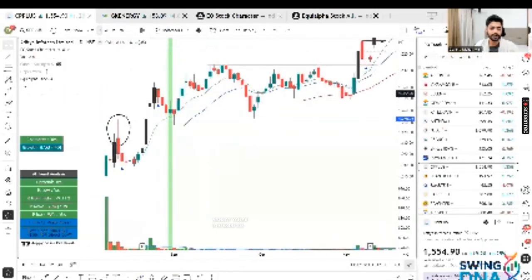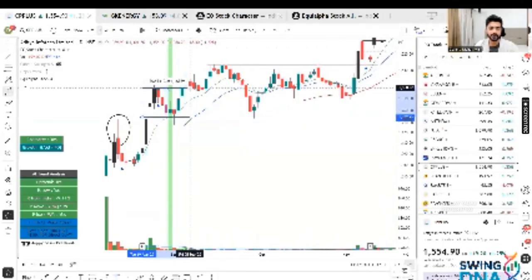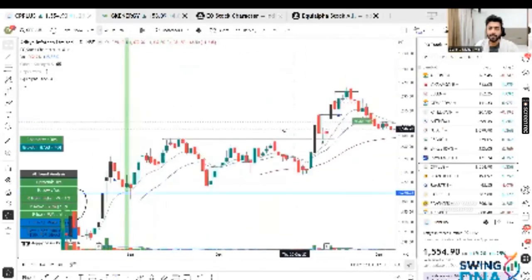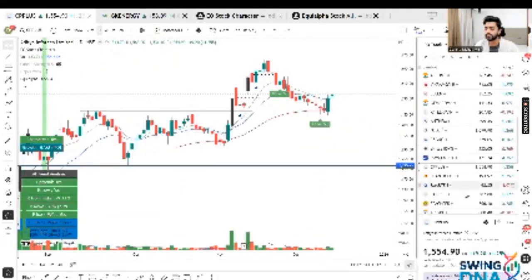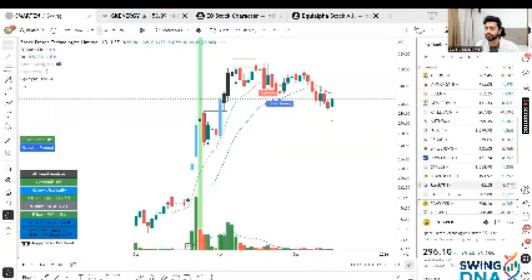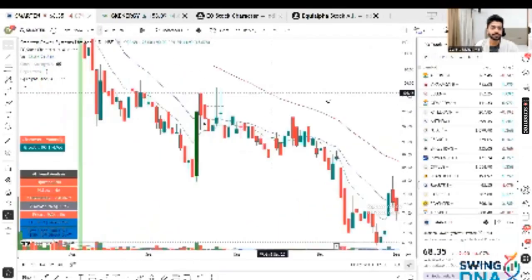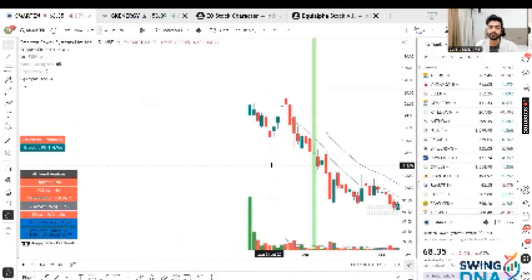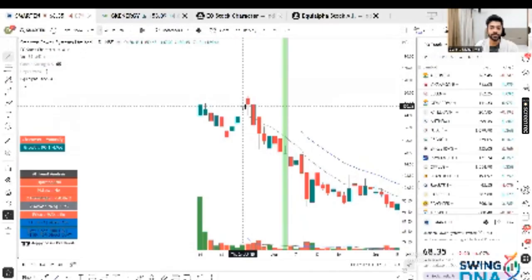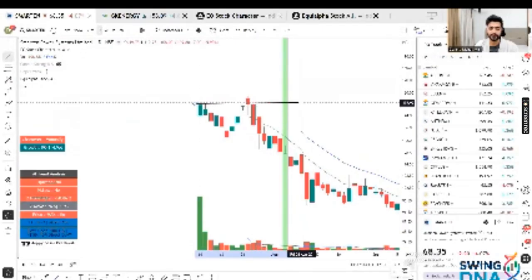It tried to move up in the initial phase, but did not progress much. Smarten Power Systems. It did not have that much wick, but then it failed eventually. Tried to move up here and failed.